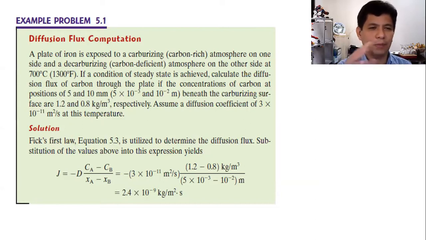Pag ganyan kataas yung temperature, nagiging gas siguro yung carbon. Magdi-diffuse yung carbon dun sa iron kasi lilipat siya sa kabilang side. Yung iba iniwan mismo dun sa iron crystal. So, na-imagine nyo magdi-deposit siya dun sa mga interstitial space ng iron metal, iron crystal, kaya mas titibay yung iron.